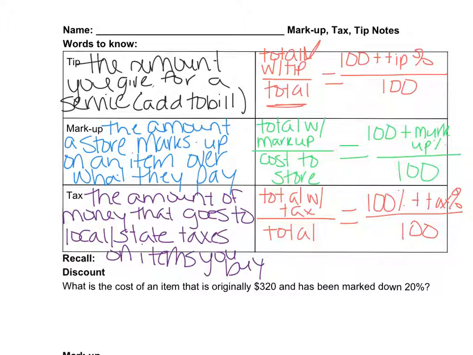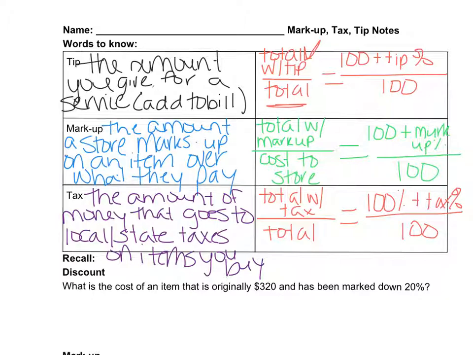So those are our definitions of the things that we're going to work with today. So as you see, we are going to be adding those to 100. So it's going to be an amount we're going to pay plus more money that we will be paying.